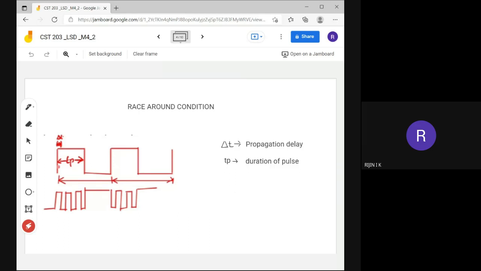During the first clock pulse, it toggles itself. That means if it is 0, then it goes to 1.